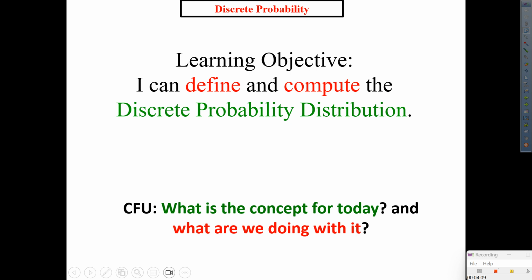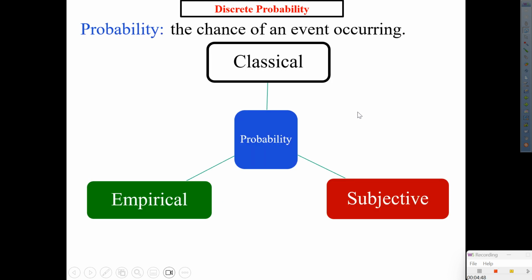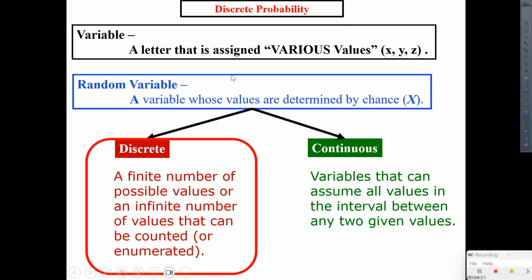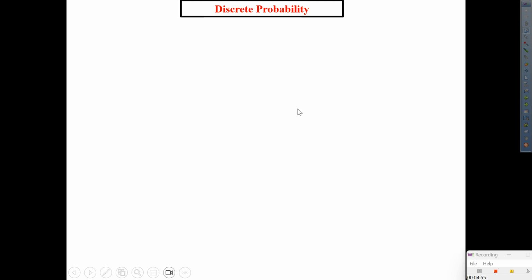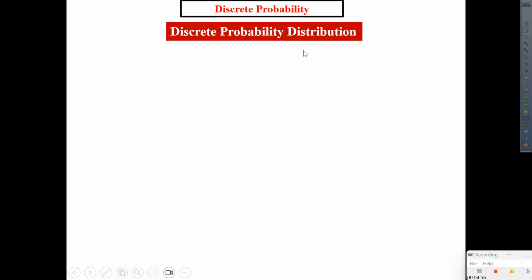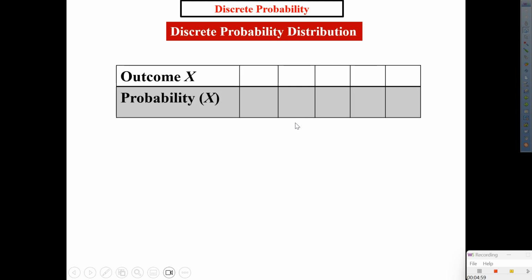That's 2 words. Table, yes. That was good, right? Anyways, yes, table. We're still in the middle of probability. We talked about variables. We're in the middle of discrete. And we said the probability distribution is a table.